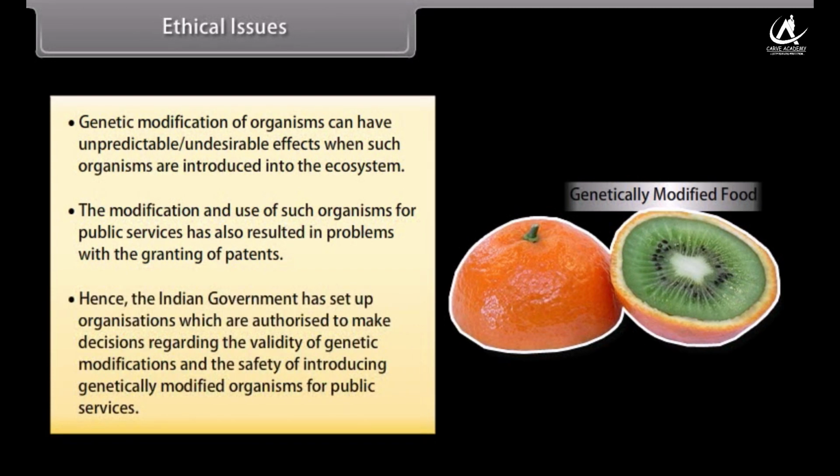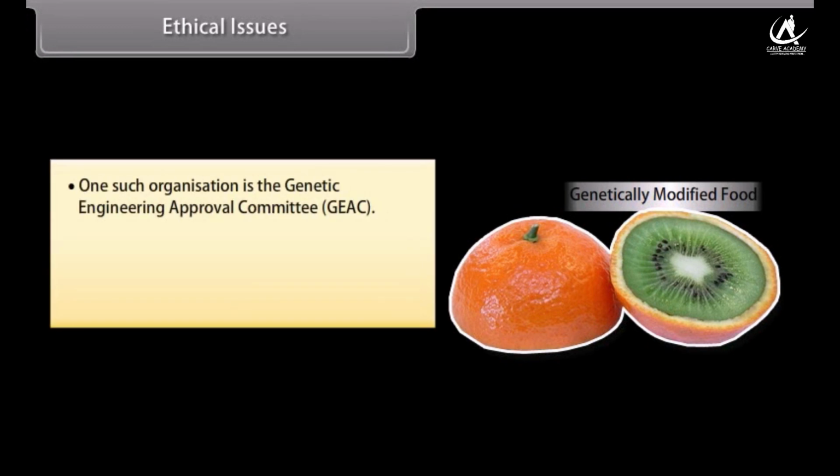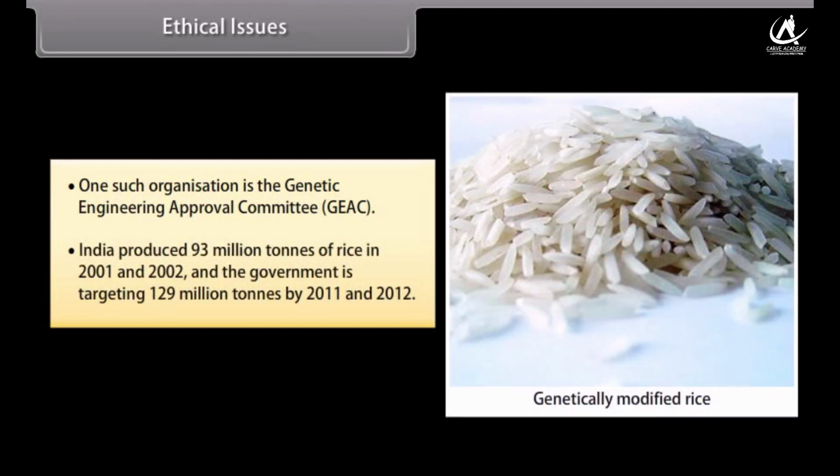Hence, the Indian government has set up organizations which are authorized to make decisions regarding the validity of genetic modifications and the safety of introducing genetically modified organisms for public services. One such organization is the Genetic Engineering Approval Committee, GEAC. India produced 93 million tons of rice in 2001 and 2002, and the government is targeting 129 million tons by 2011 and 2012.